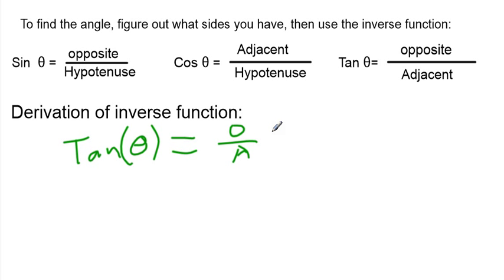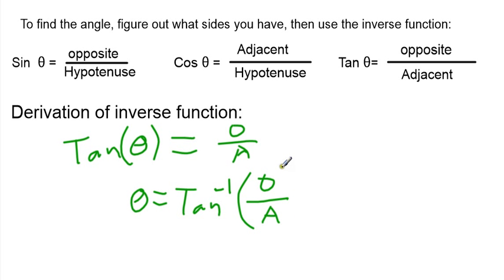So from here, if we're looking for our theta, which is inside of the function of tangent, all we need to do is do the inverse function so that we can get our theta out of it, but we need to do that to both sides. So what this becomes is theta is equal to the inverse tangent of opposite over adjacent. And this main idea can apply to both cosine and to sine as well.